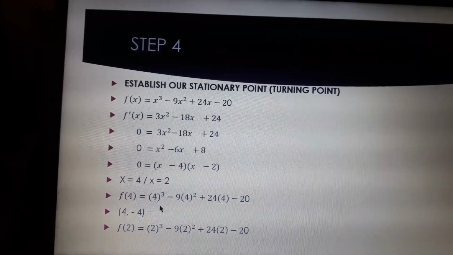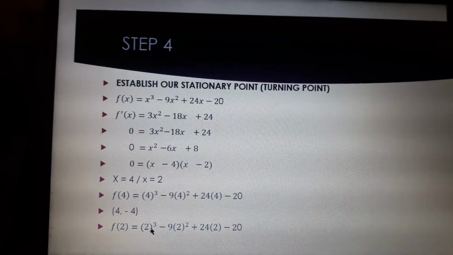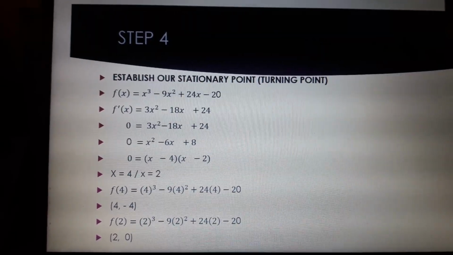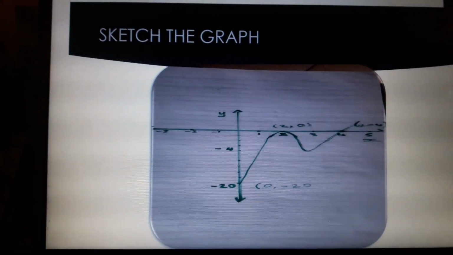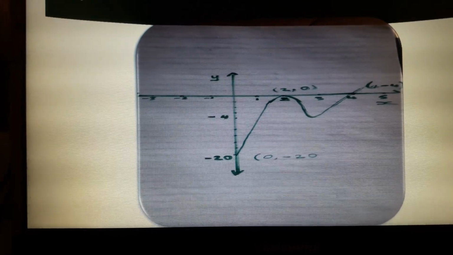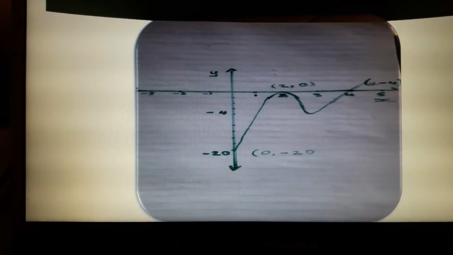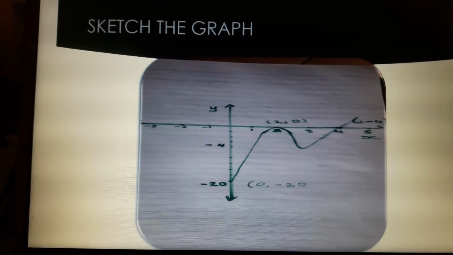We substitute it into our original equation, and obviously we get 2. Then the final step is we sketch the graph. After sketching, the graph should look like this. Okay, bye.